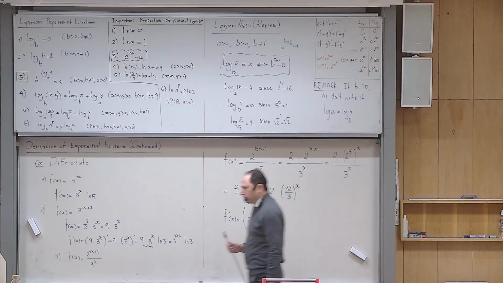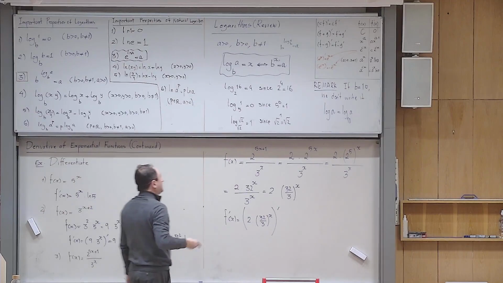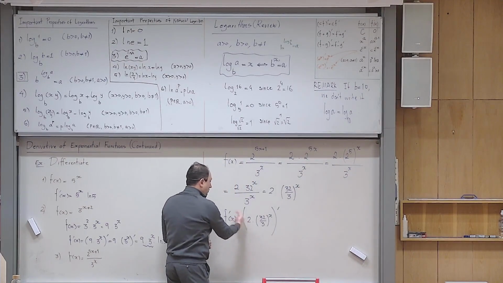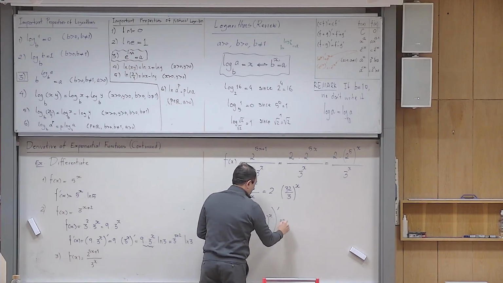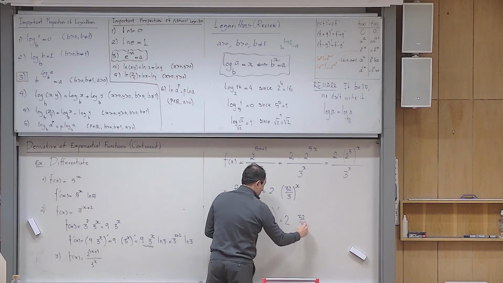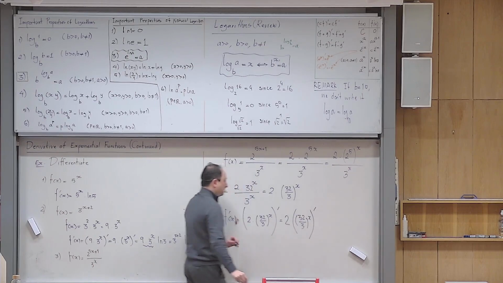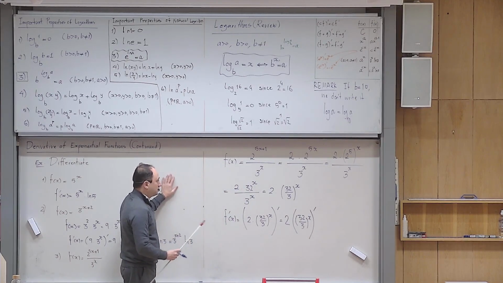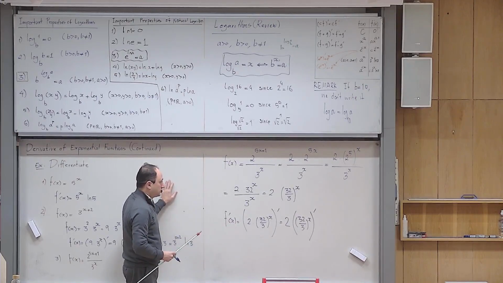Let me see if I'm recording or not. Yes. So here, this one I am using. So 2 goes out. And then I have to differentiate this function only. I'm writing it so much because I'm writing too much actually. You don't need to, but I want you to understand what is going on.